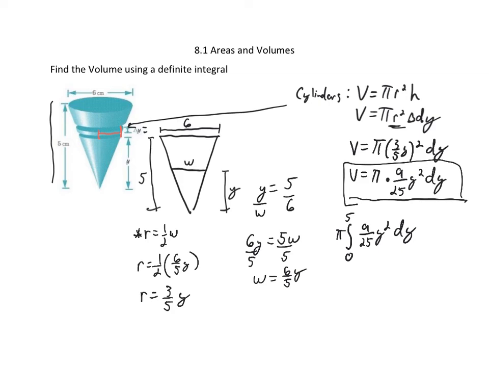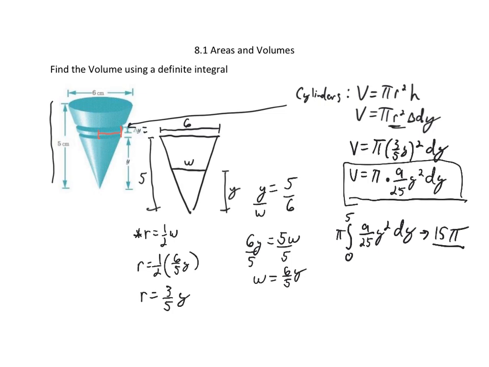You could do this by hand, or you could use your graphing calculator here. And when you compute this, it'll actually come out to be 15 pi. Which, interestingly enough, if you did the volume formula for a cone, 1/3 pi r squared h, you would actually get 15 pi also. So we know our definite integral worked. That would be the exact volume.